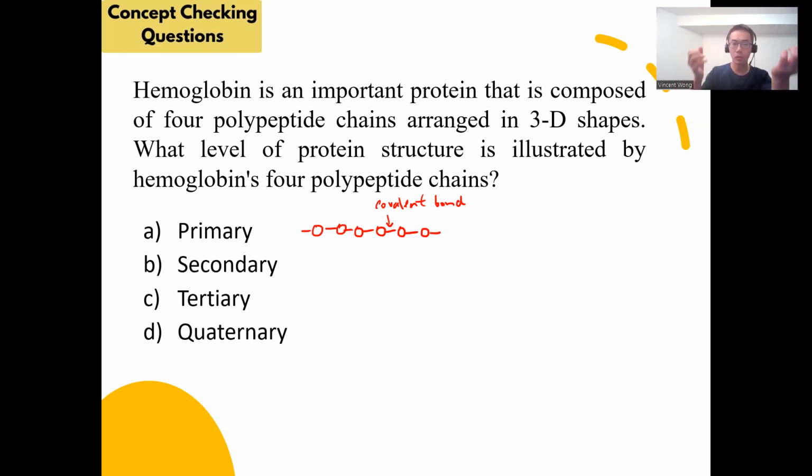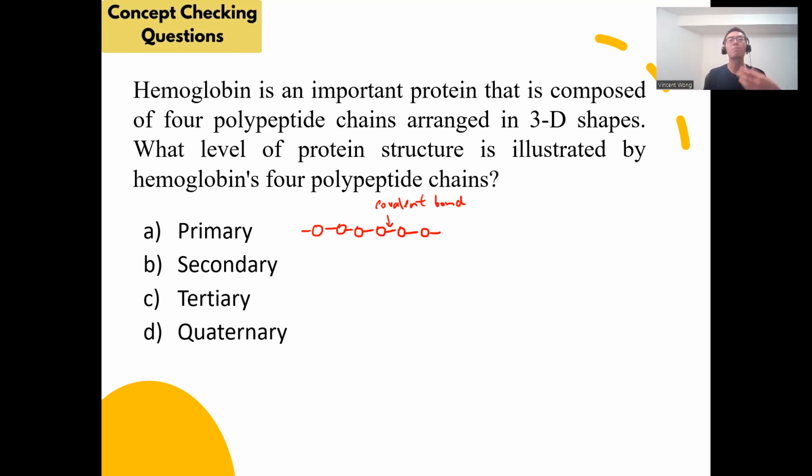So when you take a glucose, connect to a glucose, the bond that holds them together, that's a covalent bond. When you take a glycerol and connect it to fatty acid, that's a covalent bond that holds it together. When you take an amino acid and you connect them together, that is also a covalent bond. All right. So covalent bond is basically what holds the monomers together.